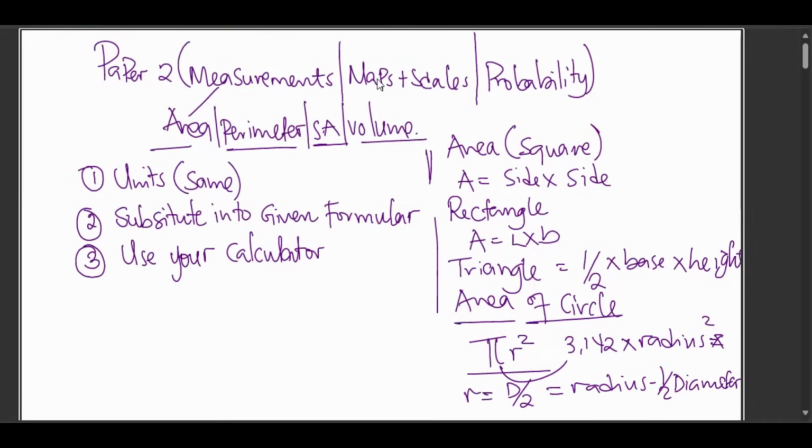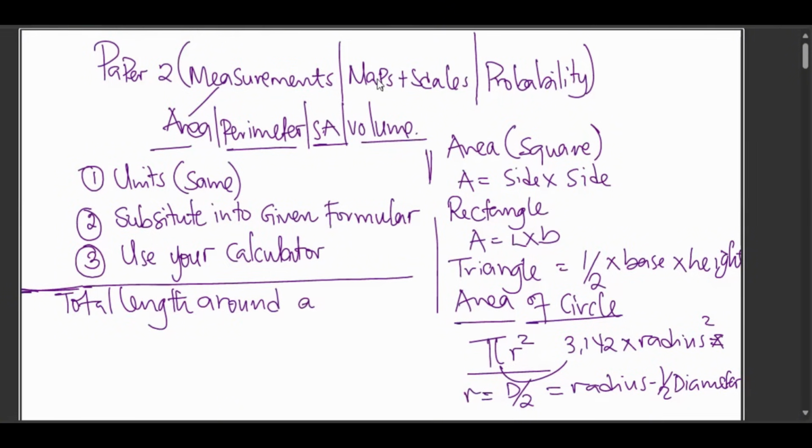Perimeter. What is perimeter? One can say it is the total length around a given shape. If you don't want to say shape, you can say surface.